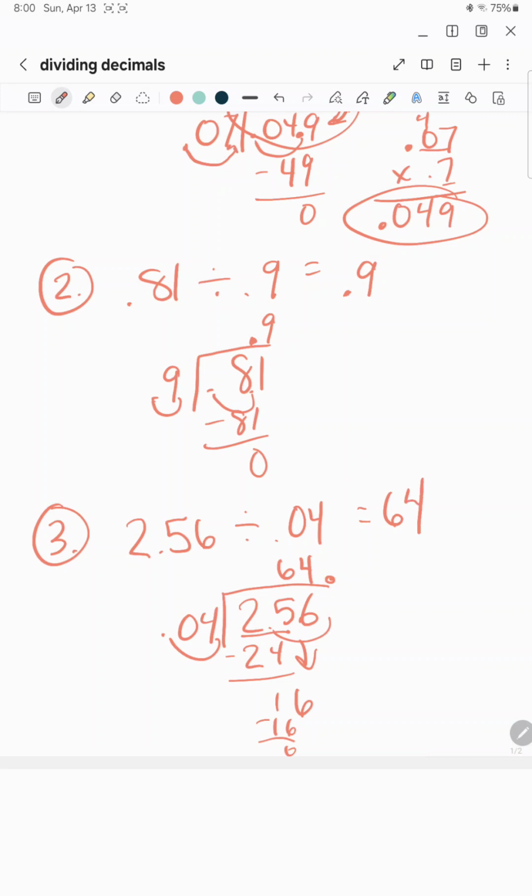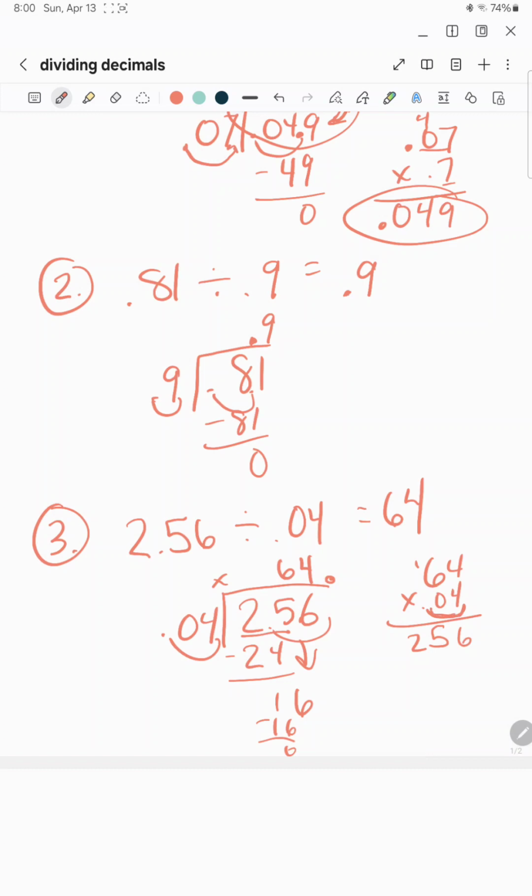Let's do a check on that to make sure we got it right. We're just going to multiply these two and hopefully we get the dividend. So 64 times 0.04. 4 times 4 is 16. 24 plus 1 is 25. And I don't have to do the 0 because it's just going to be 0. But I do need to count the number of place values to the right.